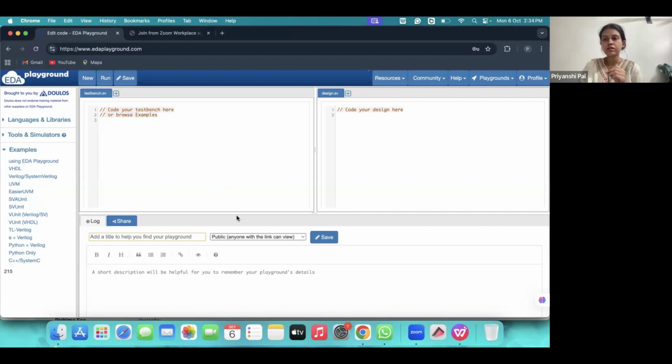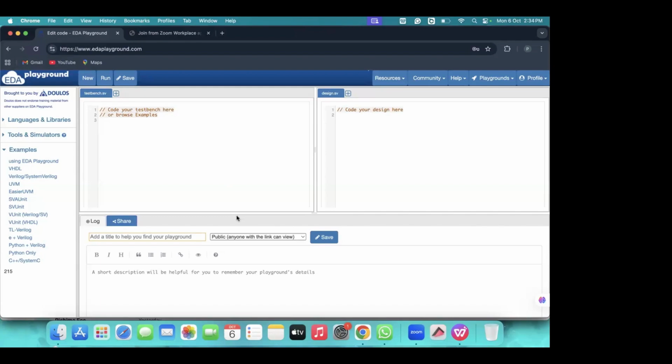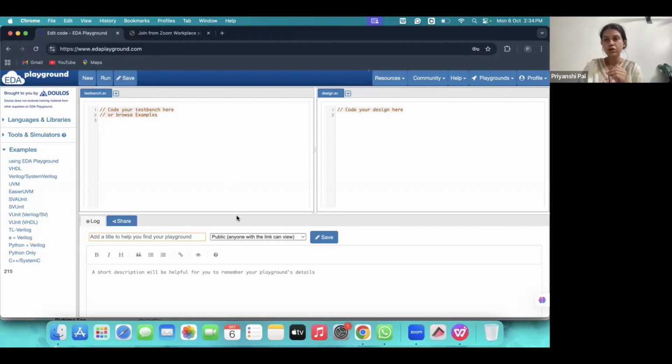Yes, ma'am. Can you explain that to me? A clocking block is used to stimulate our clock, and modports are basically used for data communication within our code.